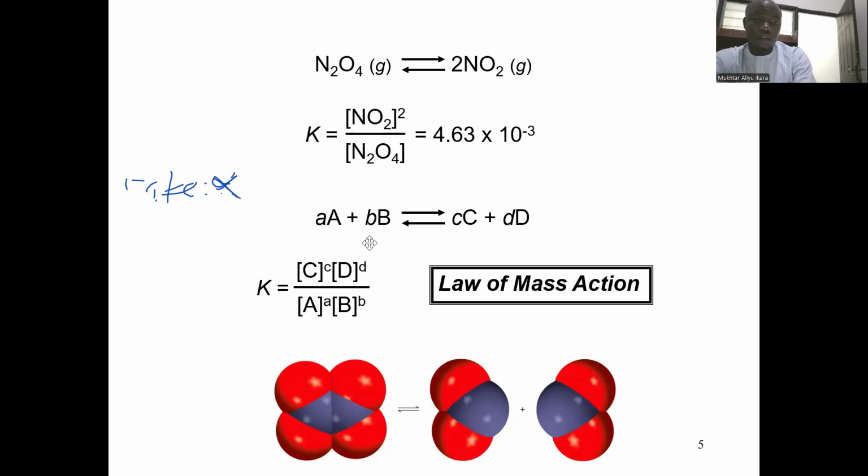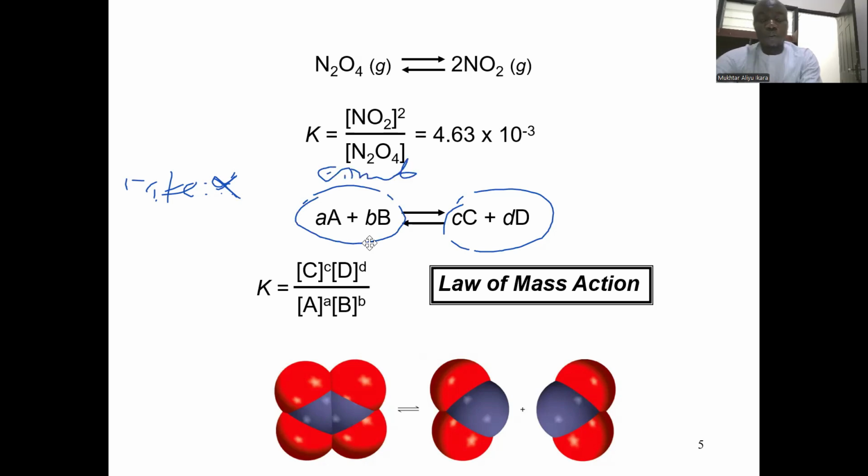If you consider the forward reaction, the rate of the reaction is directly proportional to the concentration of each of these reactants, which are A and B. From there, we were able to achieve that the law of mass action is expressed as this Kc, which is called the equilibrium constant.